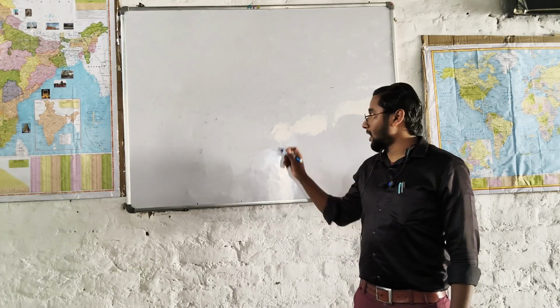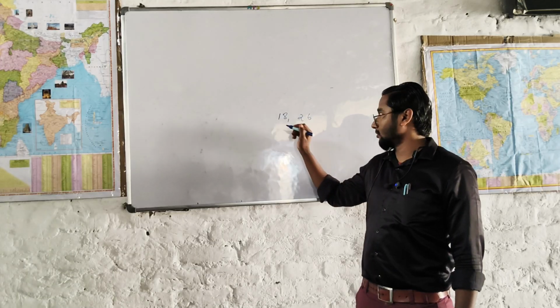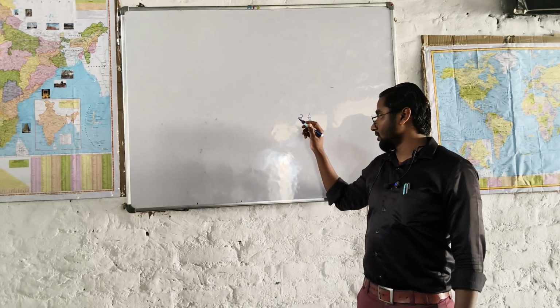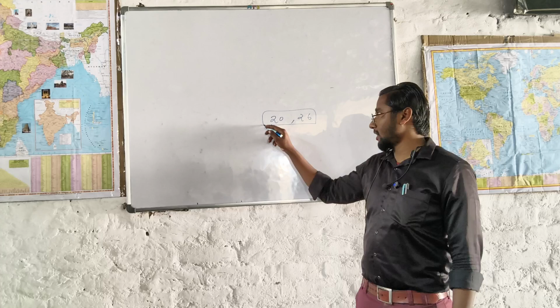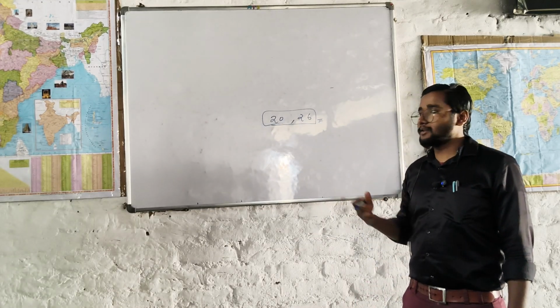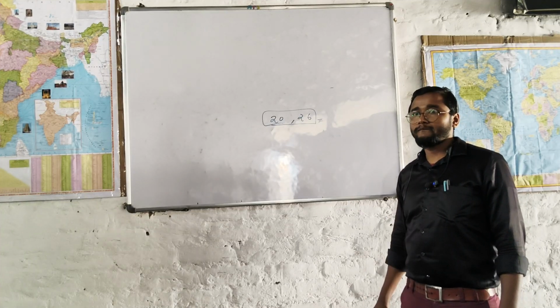You will say, sir, I have numbers 20 and 26. I want to tell you now, find out the HCF, find out the greatest number that will divide both. Read out the question.